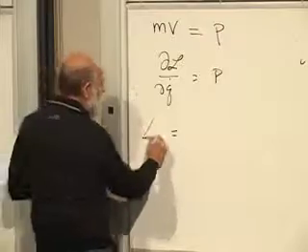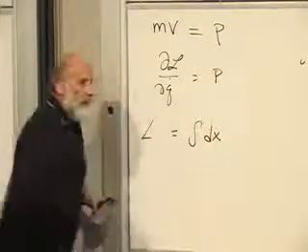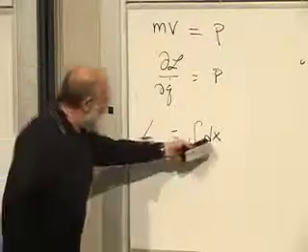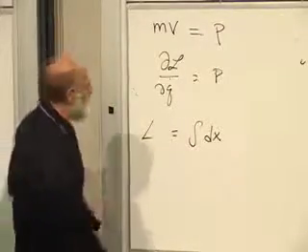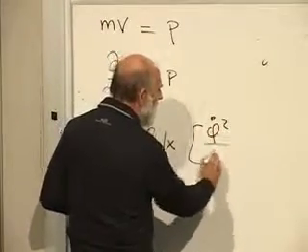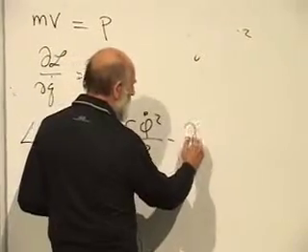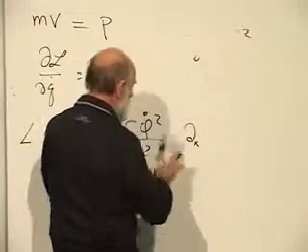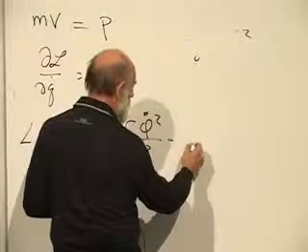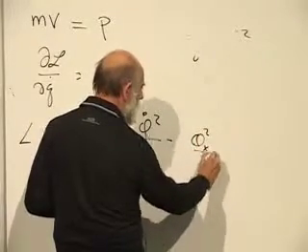The Lagrangian is the integral over space, dx. If there are 3 dimensions of space, this becomes d cubed x. And then we wrote something with phi dot squared over 2 minus some derivatives, let's say d by dx, phi sub x squared over 2, whatever else.